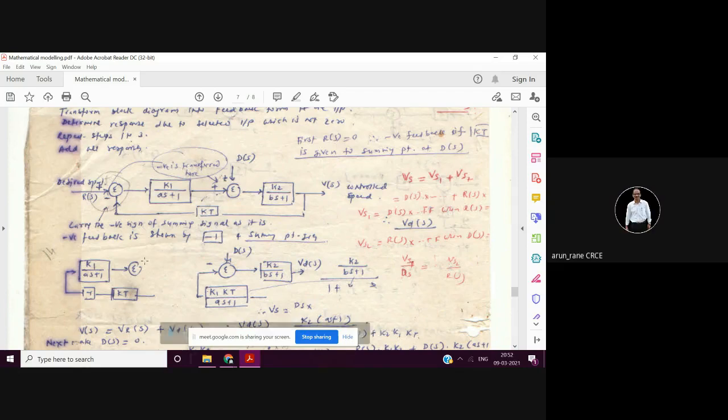So now your diagram becomes: the summing point is not there, and instead you consider the minus 1 block, and you have the K_T block, then the summing point with Ds and K, everything else. Only this summing point is not there; instead we are adding minus.